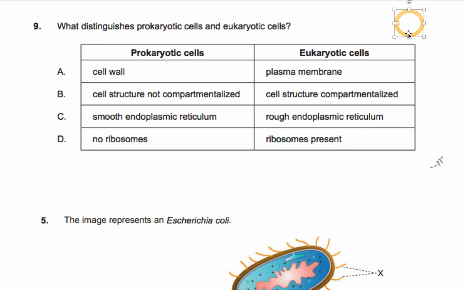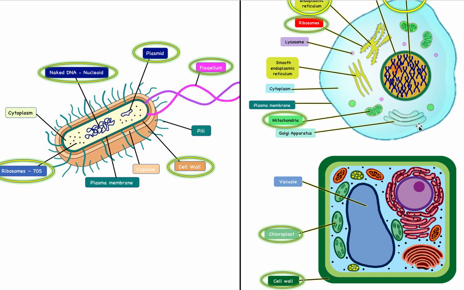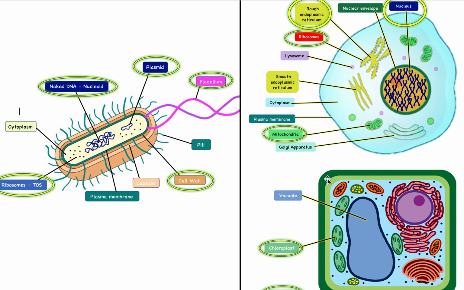What about B? Cell structure not compartmentalized and cell structure compartmentalized. Now, what do they mean by compartmentalized? What they mean by this is the cell has compartments in it, and this means organelles. So for example, let's look at this eukaryotic cell. We can see inside the cell, there are compartments.